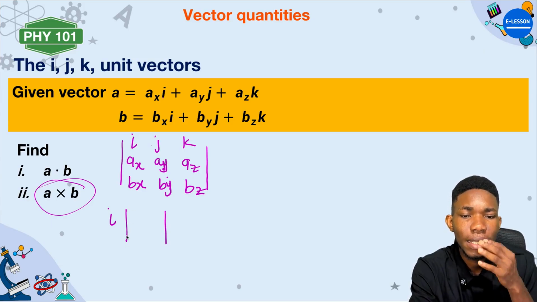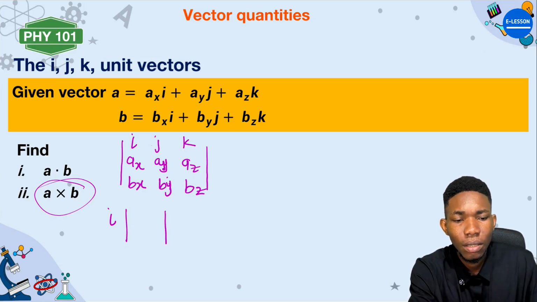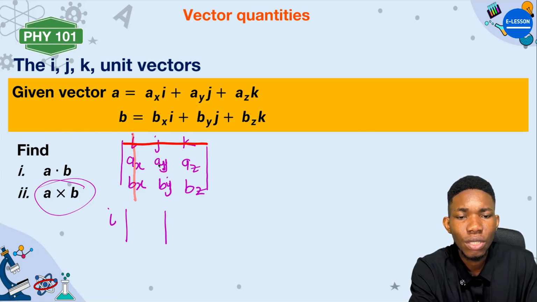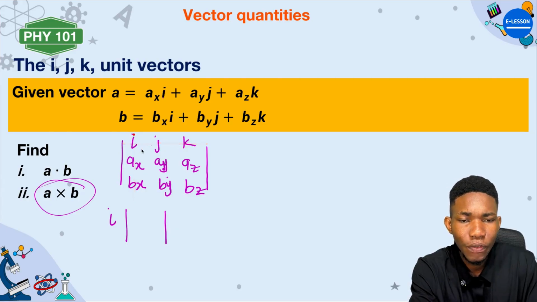Rule another two lines. Now from the two lines, look at what I will do. You are doing for I, right? Cancel everything you have here. Cancel everything you have here. Write what is remaining. The first thing I said is to write I, J, K if they say find A cross B. Then under I, put AX and BX, which is what you have here.